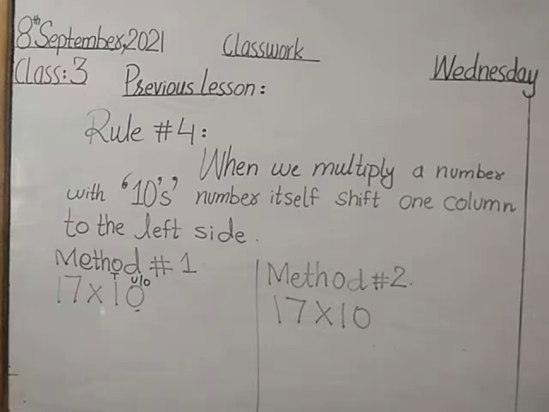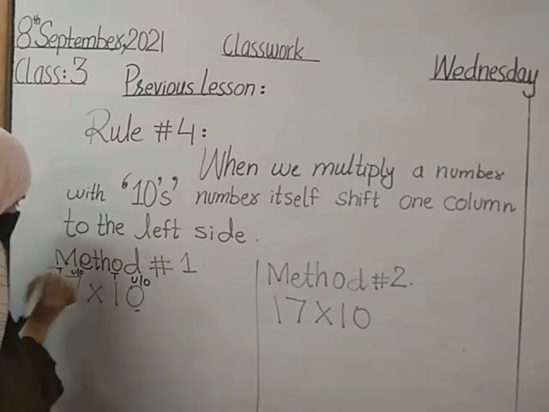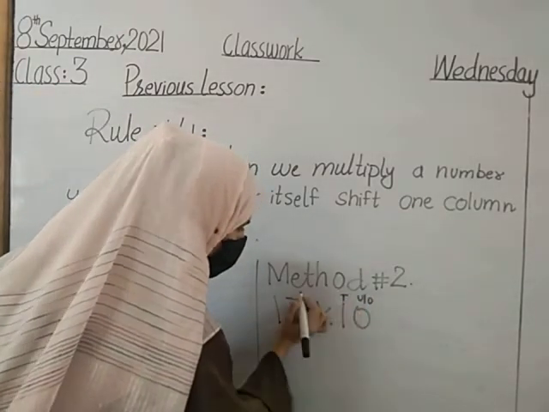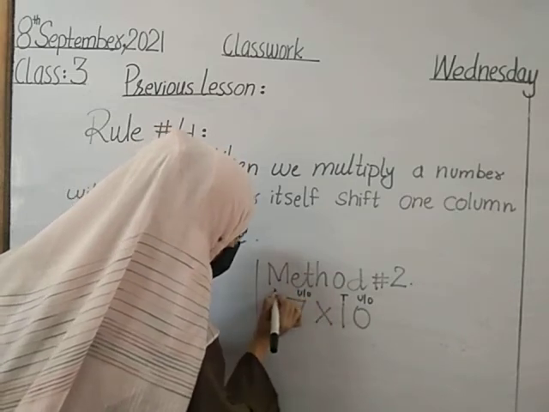Fazan, you tell me. Good. The place value of 7 is unit or ones. What is the place value of 1? Zishan, you tell me. The place value of 1 is tens. In the same way, write the place value of numbers in method 2.